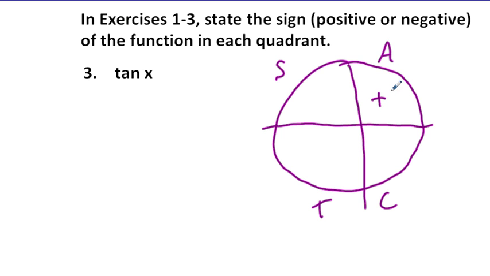So positive here. In quadrant 2, we have sine divided by cosine. Cosine is negative, sine is positive, so we have negative. And tangent is positive in quadrant 3, but negative in quadrant 4.